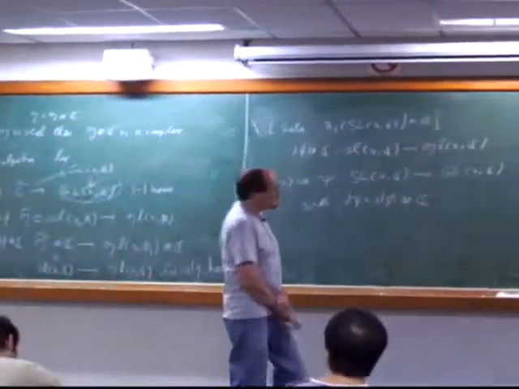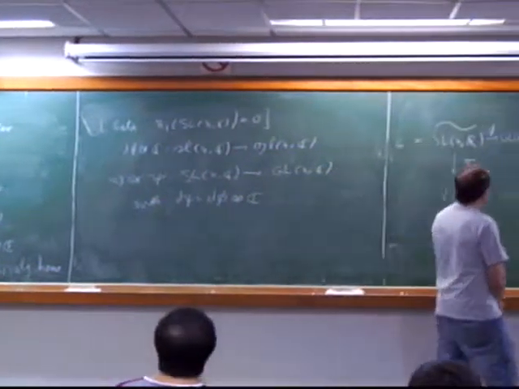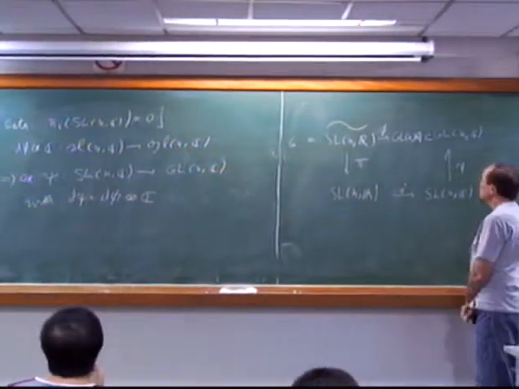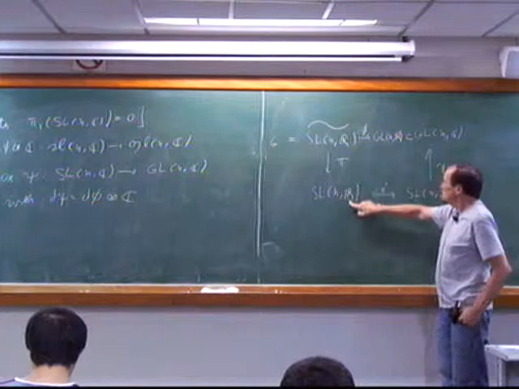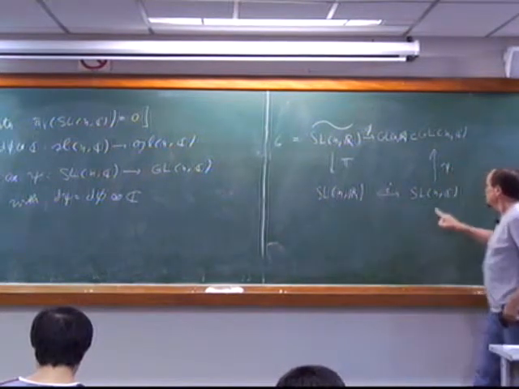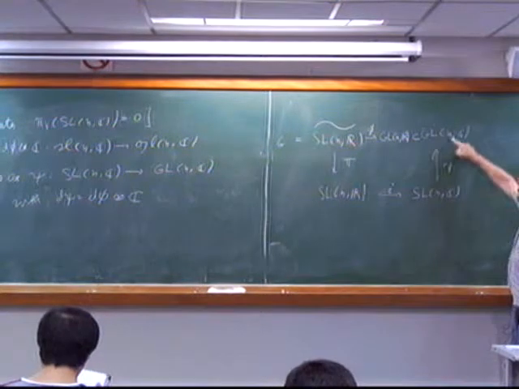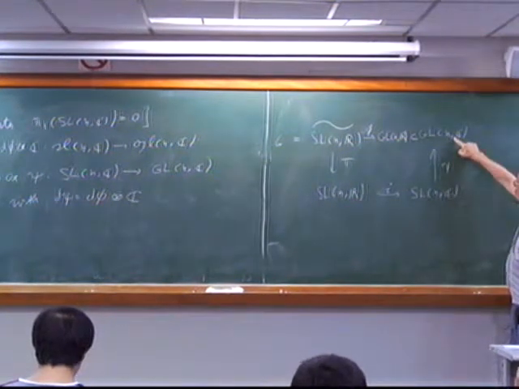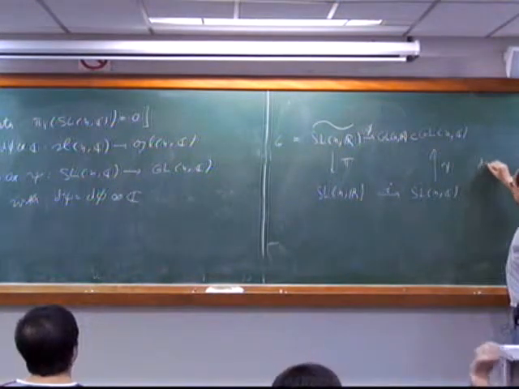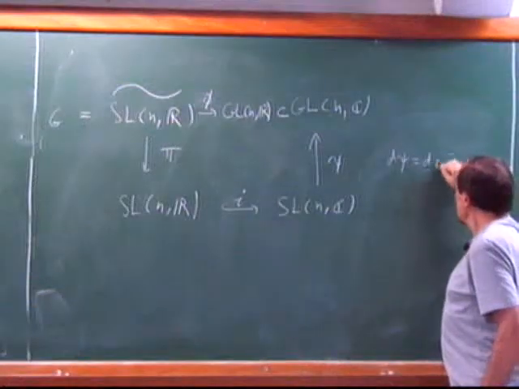This one is a subgroup of the other. But there are different ways to do that. I can first look at the covering, go to SL(n,R). SL(n,R) sits naturally inside SL(n,C). And I just constructed this homomorphism where d psi was d phi tensor C.